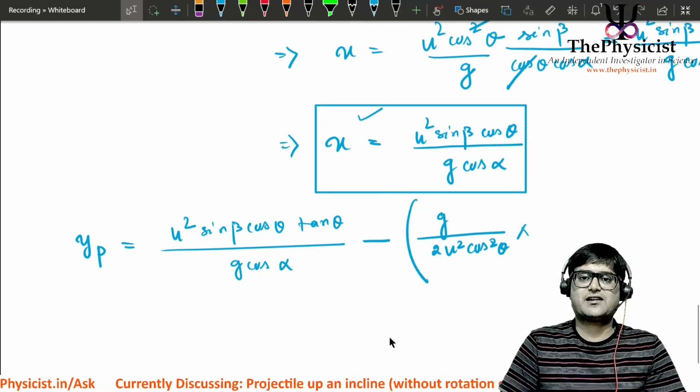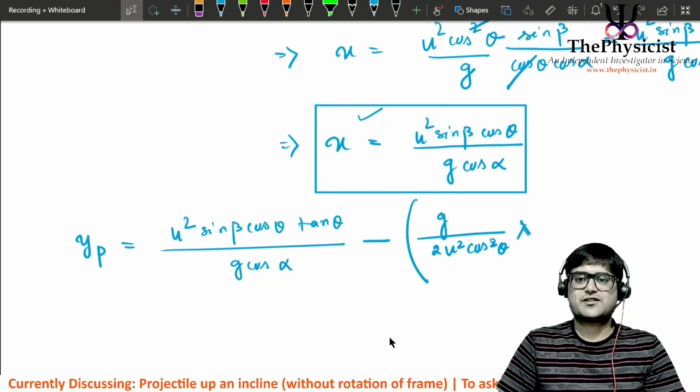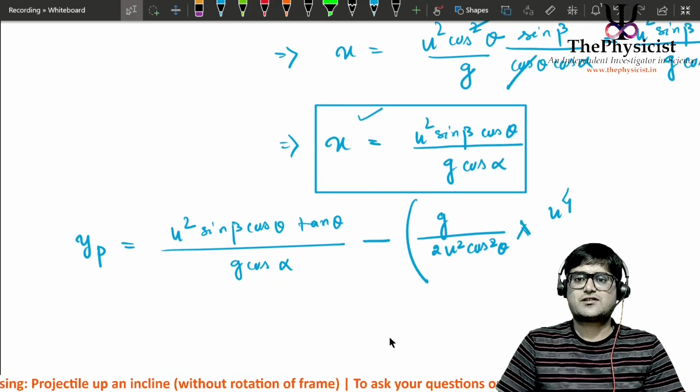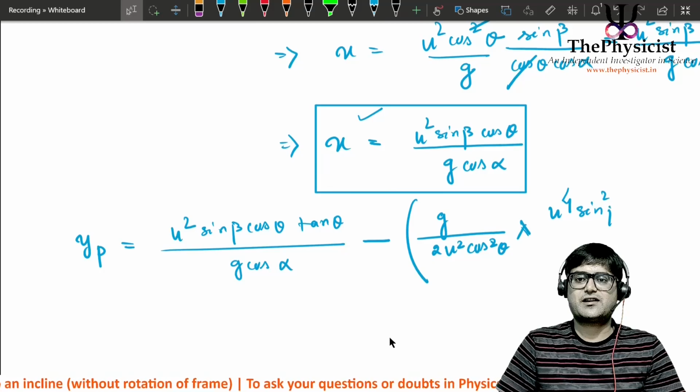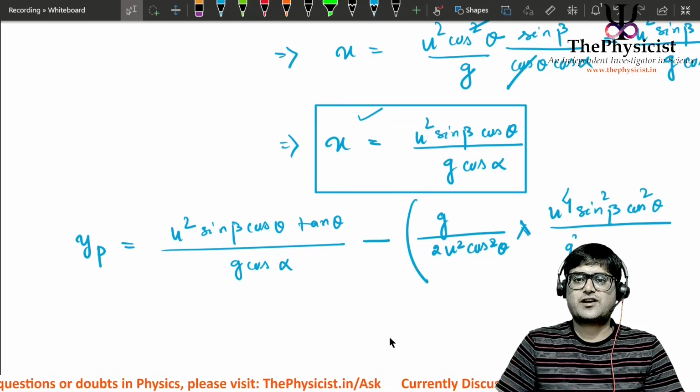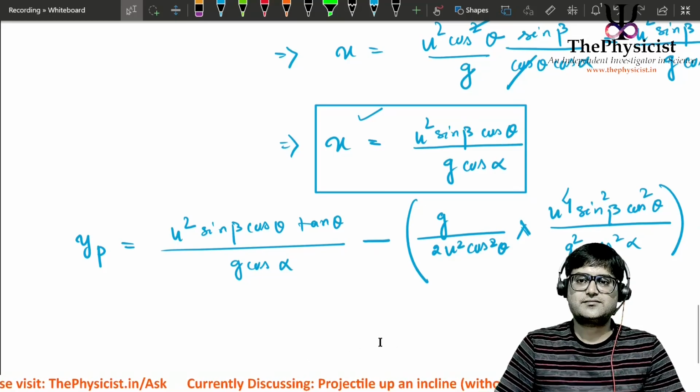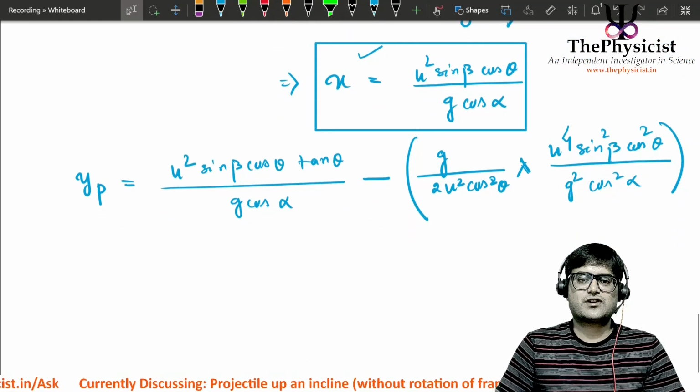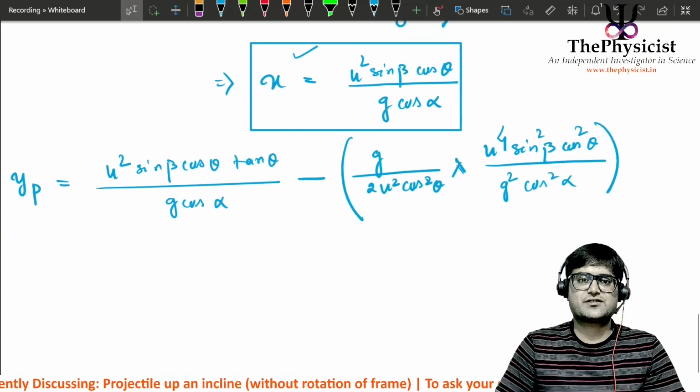This entire part, x squared is u fourth sine squared beta cos squared theta divided by g squared cos squared alpha. Now let's do a lot of simplifications to this.